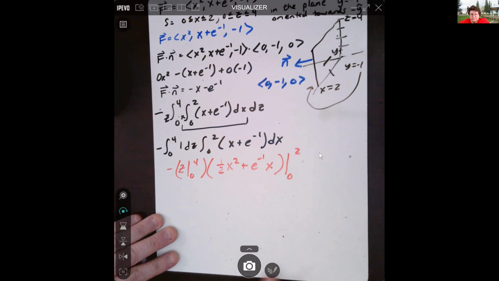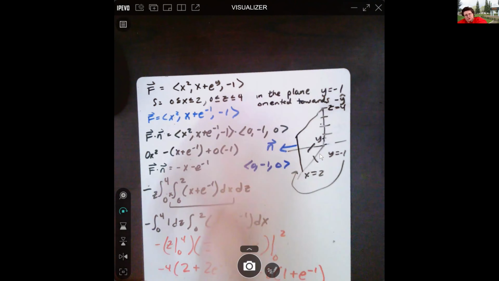Which makes sense. Our flow field up here is positive in the y component, so it should be going to the right.